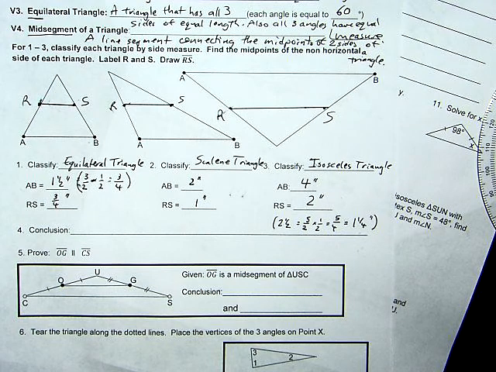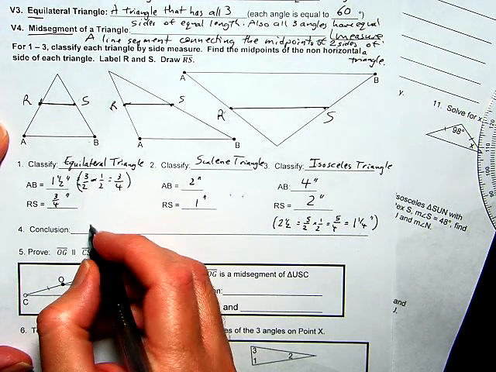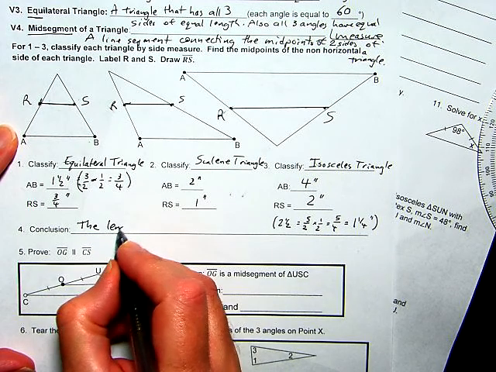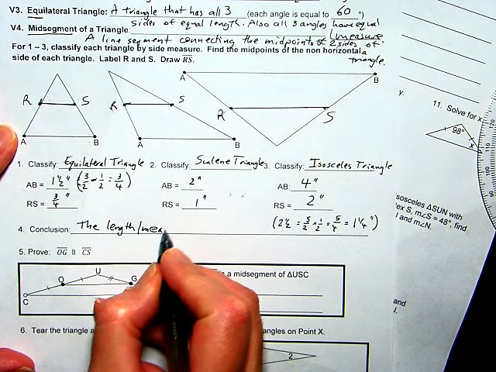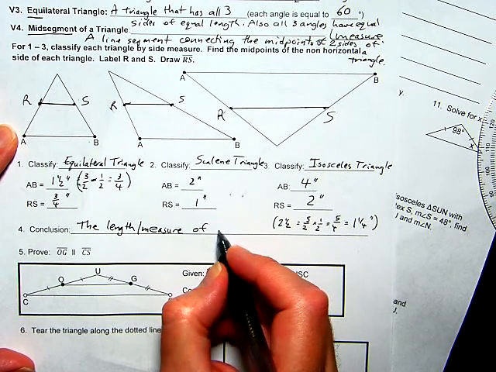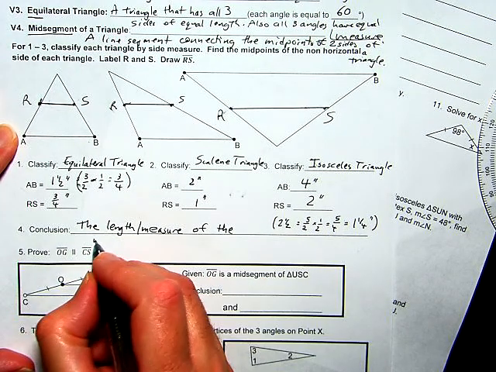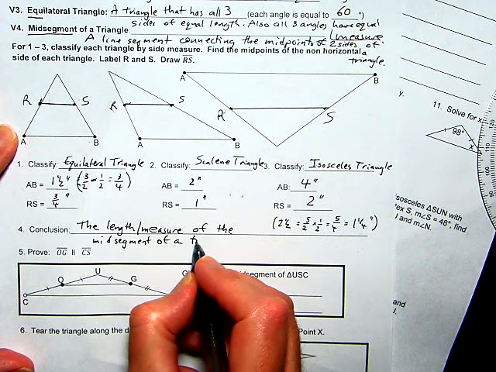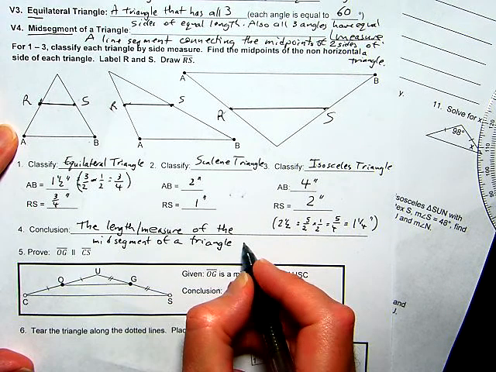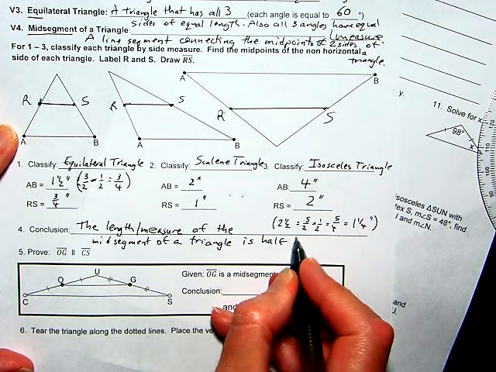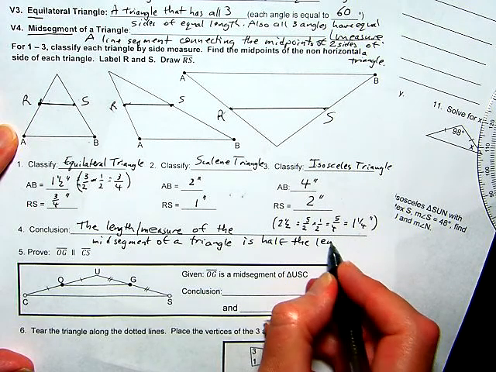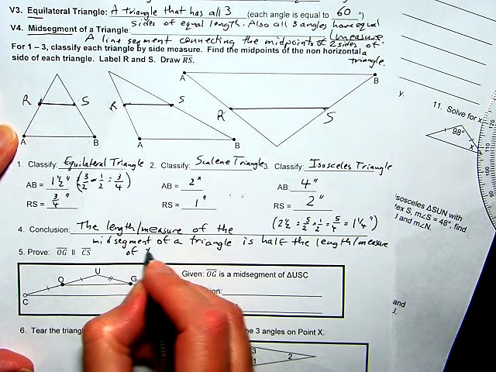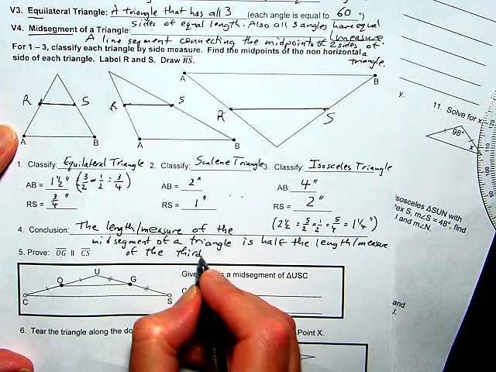So we can form our conclusion by saying that the length or the measure, pretty much the same thing, of the mid-segment of a triangle is half the measure or the length of the third side of the triangle.